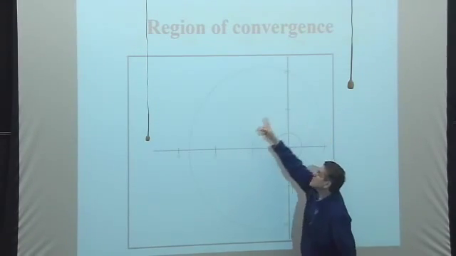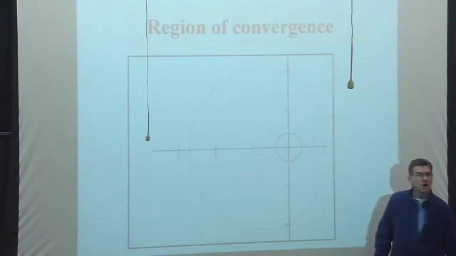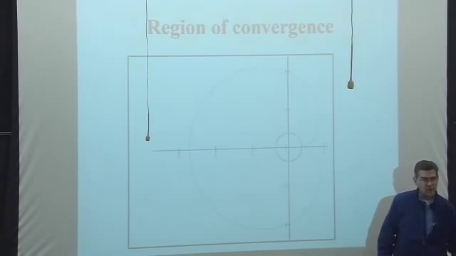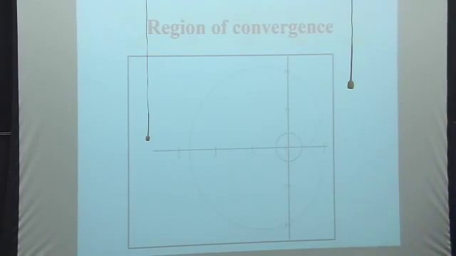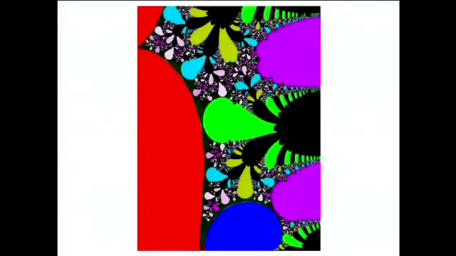But in this gigantic cardioid here, that is where the sequence of continued exponential approximants converges. Okay, it's very, very beautiful. And I showed you this picture, which I think is glorious, but we're not going to talk about it now.